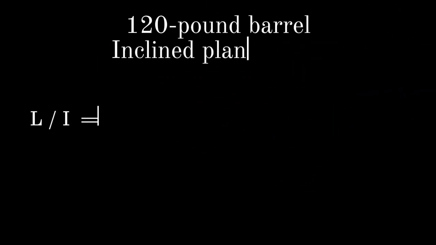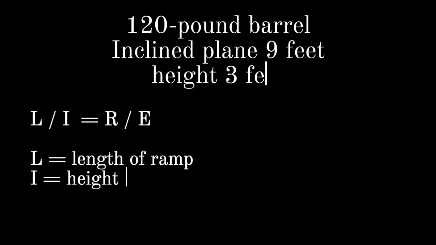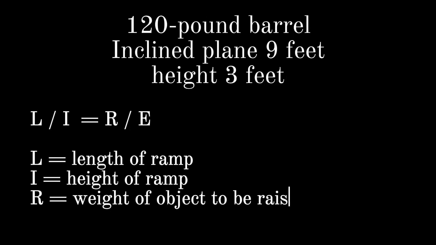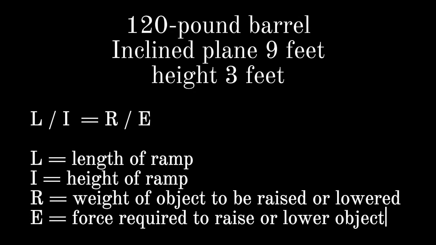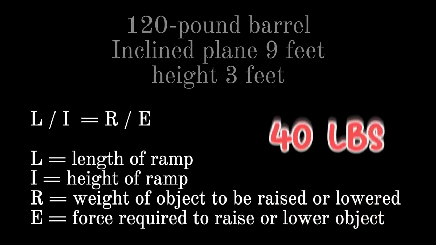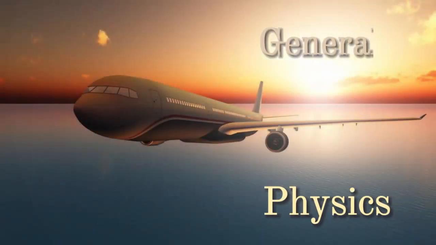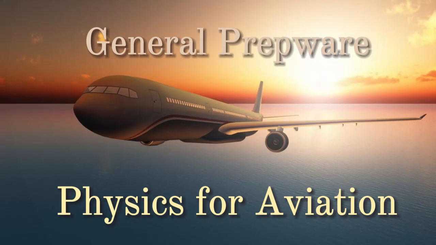What force must be applied to roll a 120-pound barrel up an inclined plane 9 feet long to a height of 3 feet, disregard friction? 40 pounds. An engine that weighs 350 pounds is removed from an aircraft by means of a mobile hoist.